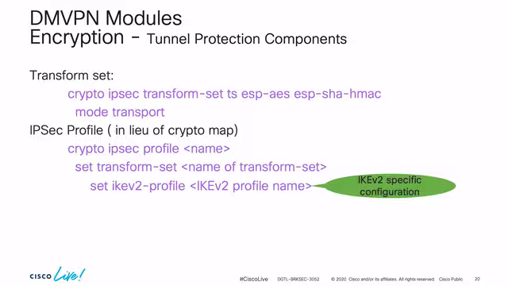Just wanted to call out that all of these commands which you see in purple are commands which you can directly copy to your device. The set IKEv2 profile with the profile name is very specific to IKEv2 configuration. You would not be seeing this if one were using the IKEv1 configuration with DMVPN.